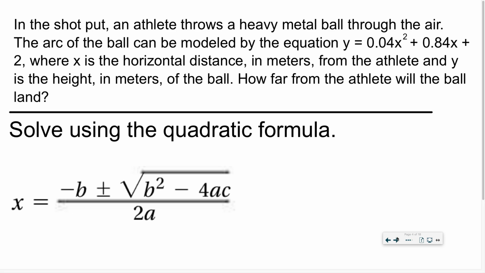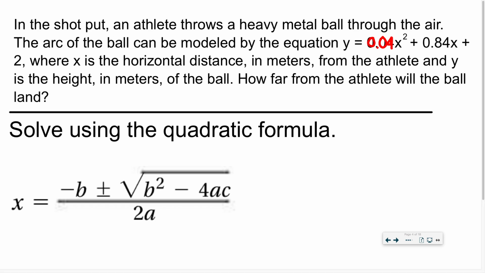First, we need to identify the A, B, and C values of the equation. The A value is represented by the 0.04. Some of you on your DOL from the other day, which I will hand back, were using the x variable in addition to the 4.